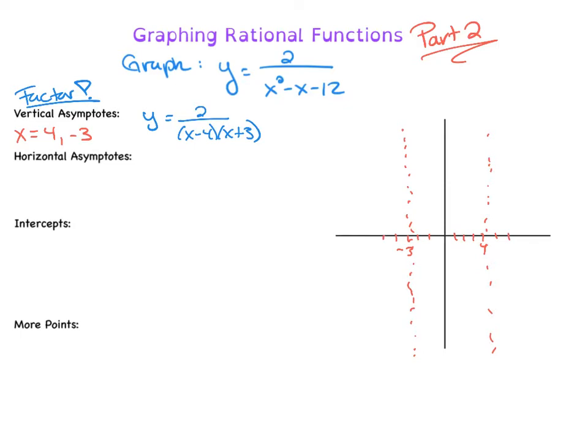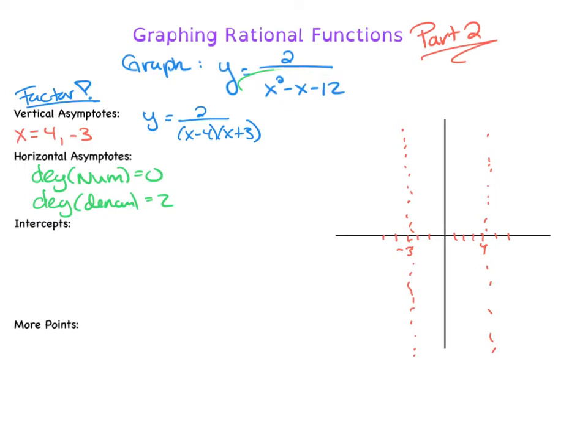Okay, for horizontal asymptotes, we're going to compare the degree of the numerator with the degree of the denominator. Actually, in this factored version, it's a little bit harder to see. Perhaps we should look up here. The degree of the numerator is 0 because there's no x's in the numerator. However, the degree of the denominator is 2.